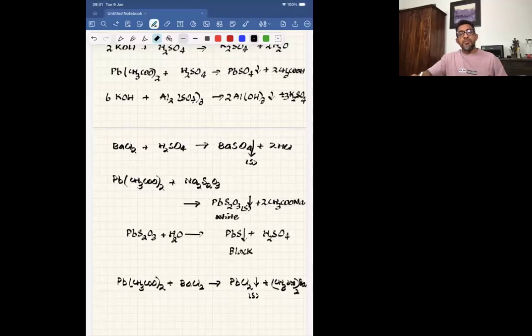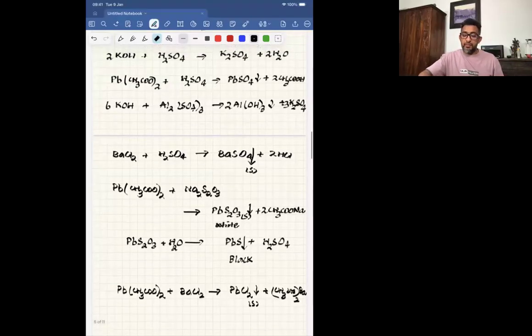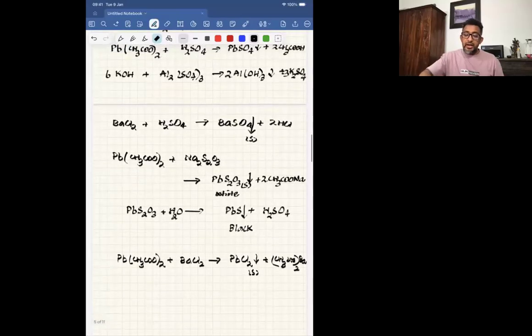Everybody? Can't barium chloride react with sodium thiosulfate, Na2S2O3? Sodium chloride and barium thiosulfate, white precipitate. But then black precipitate comes with this lead thiosulfate and water.